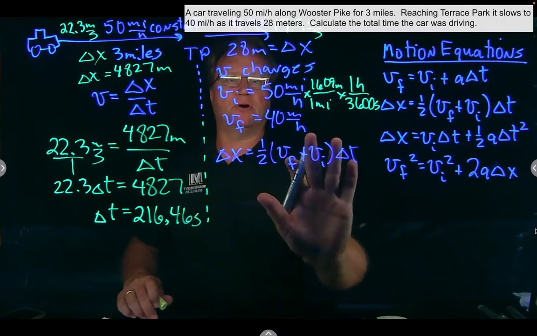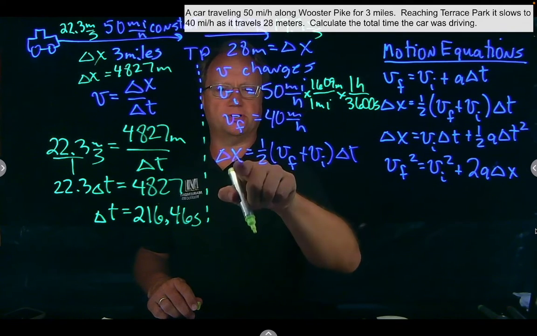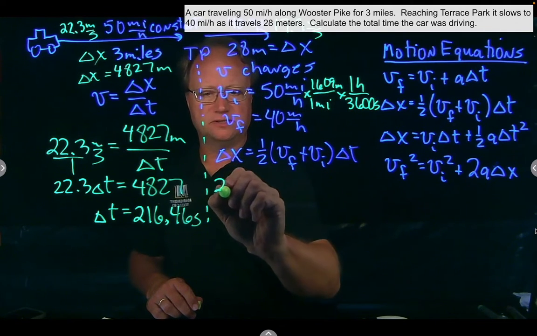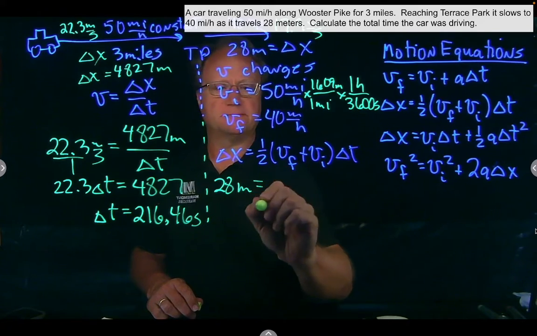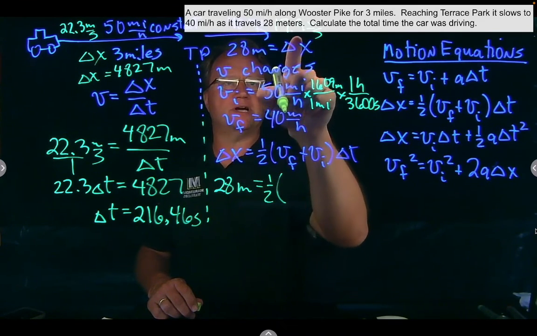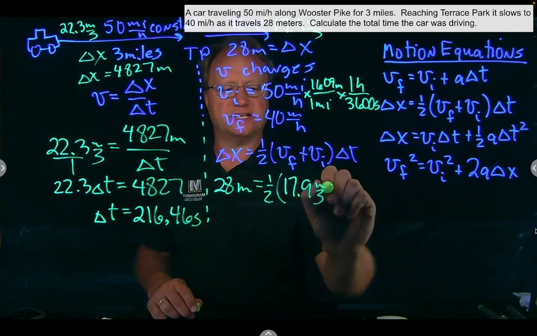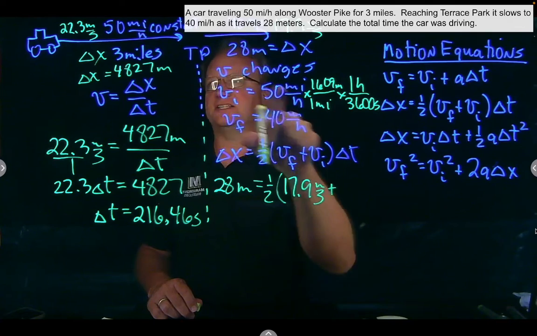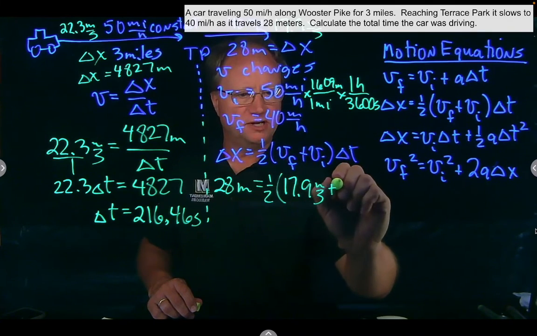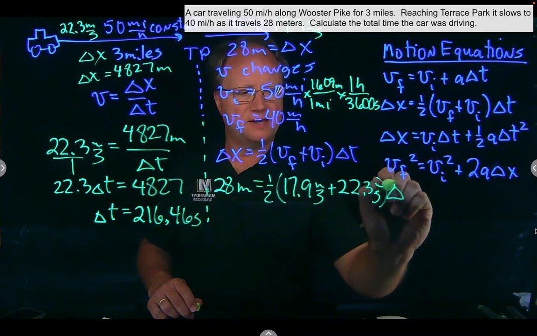On our second part, where we are changing the motion, now plugging in our values, our delta x over here is 28 meters equals 1/2. Final velocity was 40 miles an hour, which is 17.9 meters per second. Initial velocity was 50 miles an hour, which is 22.3 meters per second.